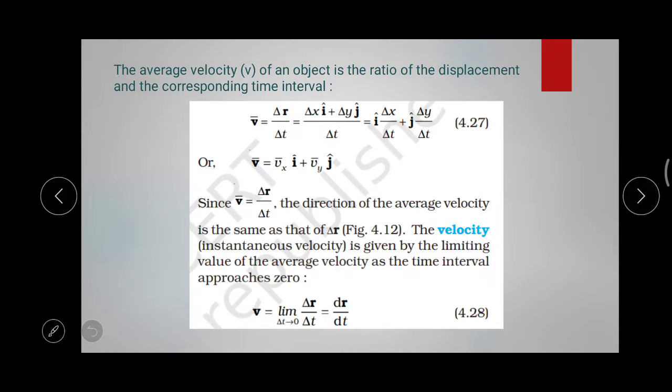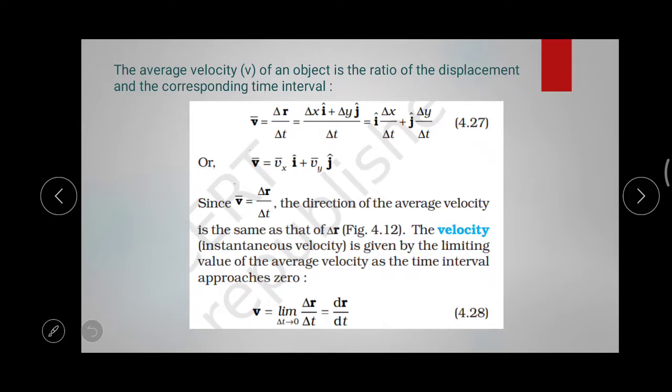By rearranging that equation, we get delta x i cap plus delta y j cap divided by delta t as i into delta x by delta t plus j into delta y by delta t, where delta x by delta t is the average velocity component in the x-axis, and delta y by delta t is the average velocity component in the y-axis.